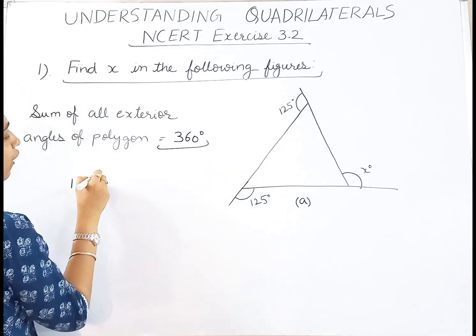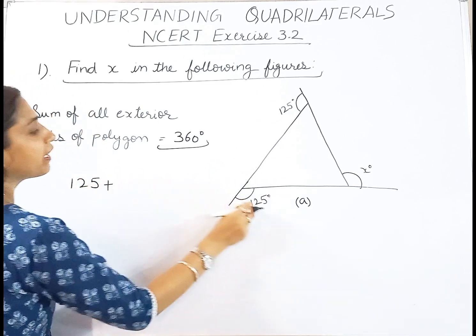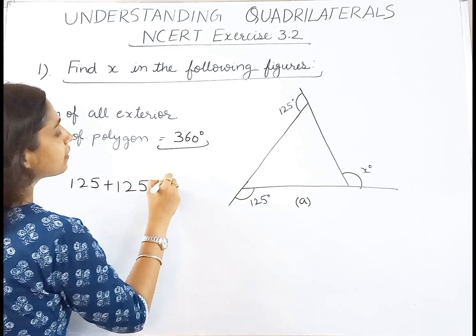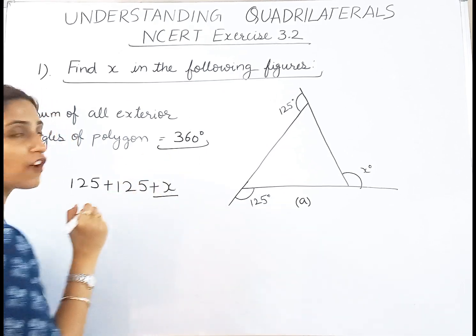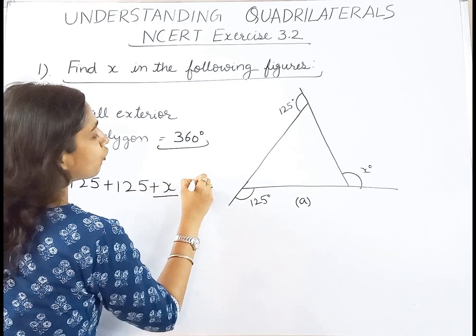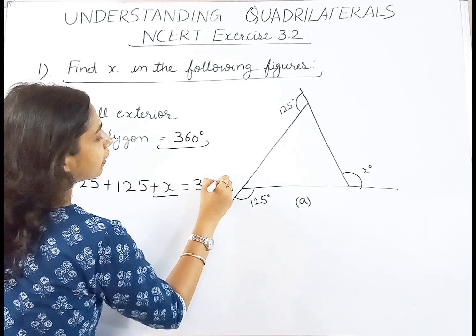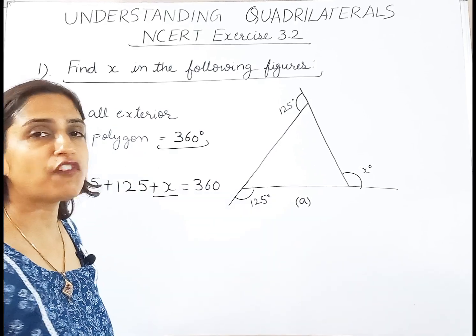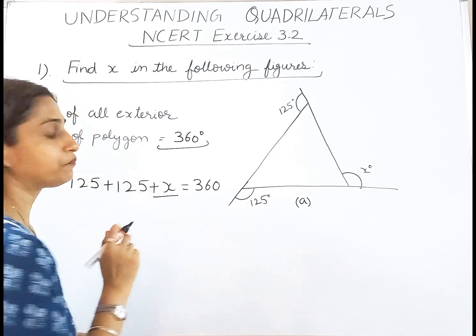First angle is 125 degrees. Second angle is also 125 degrees. And the third angle is x, which we have to find out. And the sum is equal to 360 degrees. So this is the equation, and from this equation we can find the value of x.